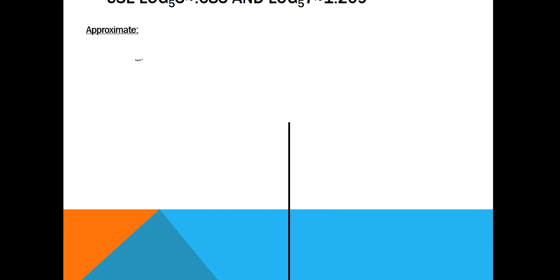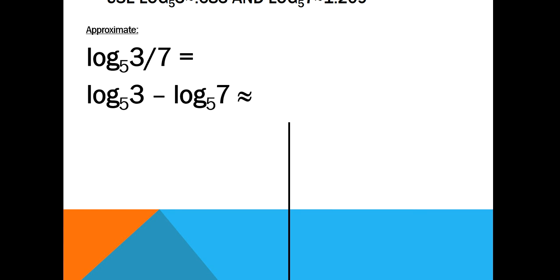So I want you to approximate log base 5 of 3 divided by 7. I don't know what log base 5 of 3 over 7 is, but I can separate it using the quotient property into its two pieces.